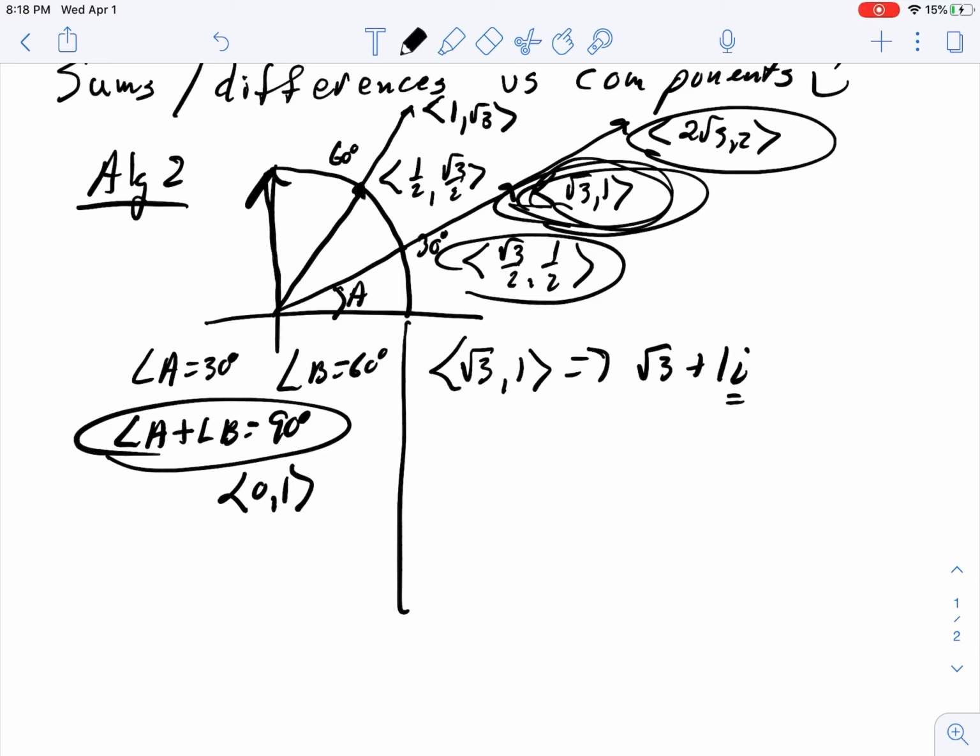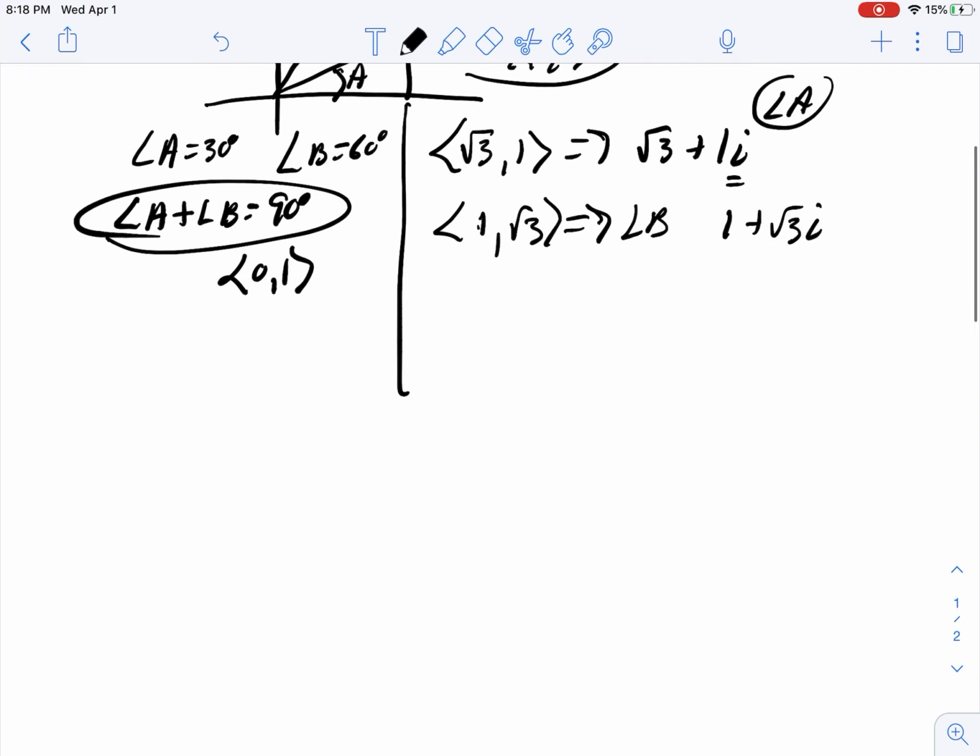That's for angle A. Now the other one, and again I can use any one I want, but I don't want to use fractions. That would be 1 comma root 3 for angle B, and the complex form of that would be 1 plus root 3i.